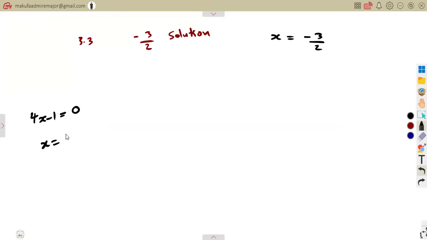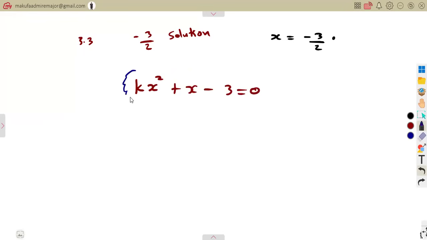Then we solved and got x is equal to 1 over 4. There, they already solved. They are saying this is minus 3 over 2. They already solved a certain solution of an equation which was given as kx squared plus x minus 3 is equal to 0.